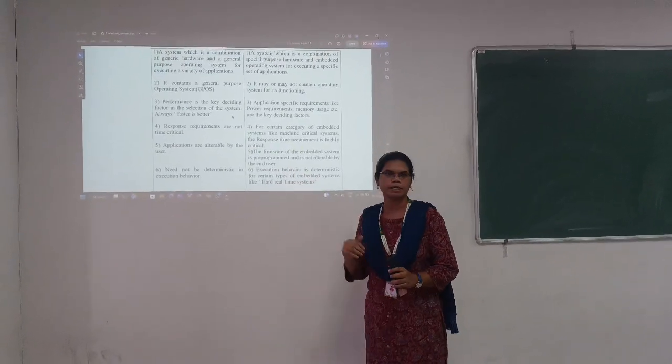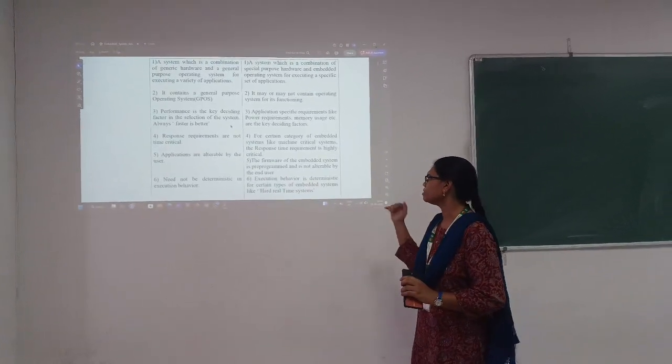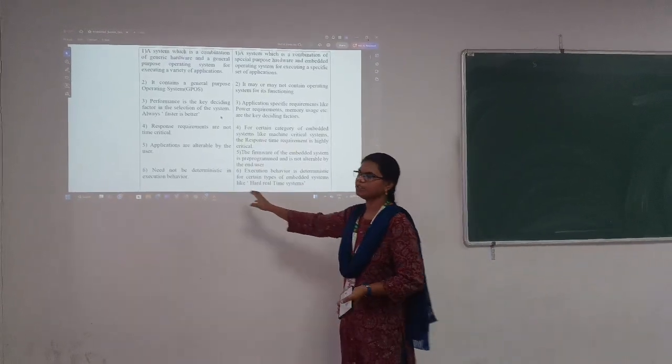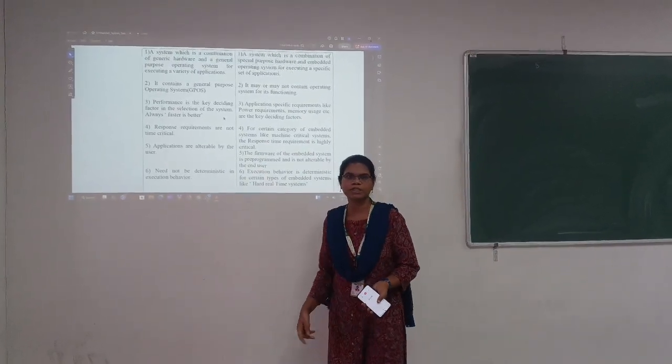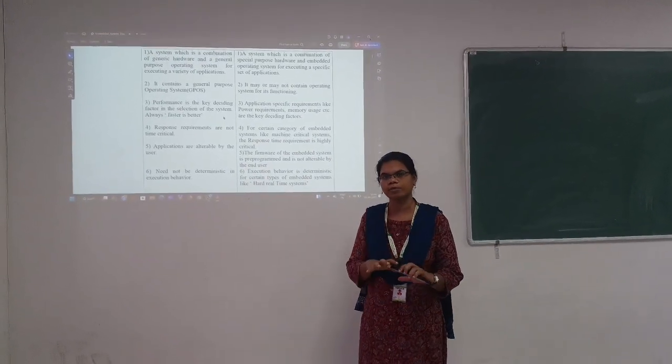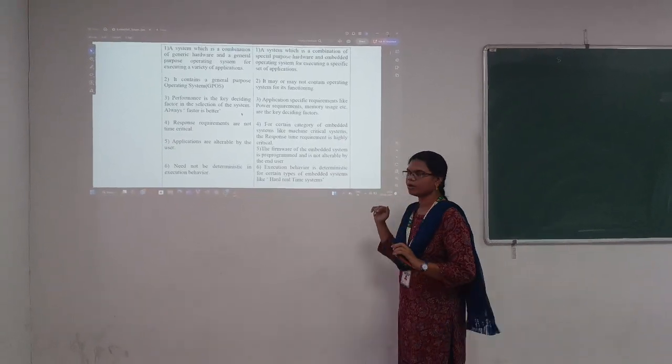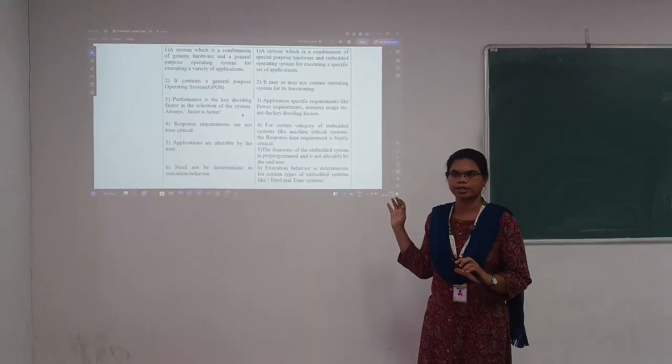That is said to be deterministic. But in the case of a GPOS, in some cases it might not be deterministic. Whereas in the case of an embedded operating system, it should be deterministic.